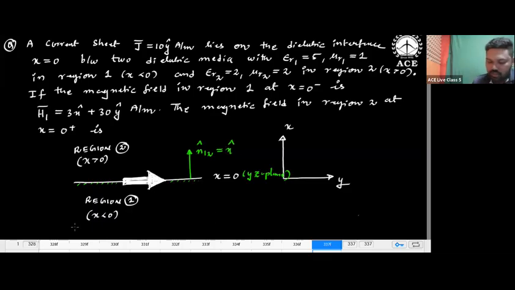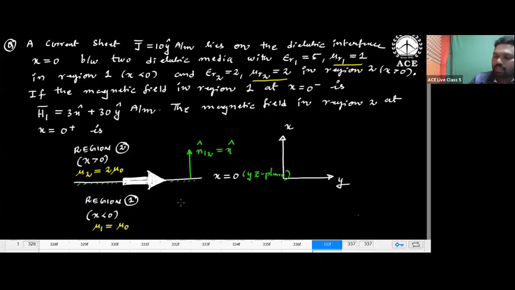What is mu1 here? Mu1 is equal to mu r1, which is 1, so 1 into mu naught. What is mu2, beta? Mu r2, that is 2, into mu naught. Clear?